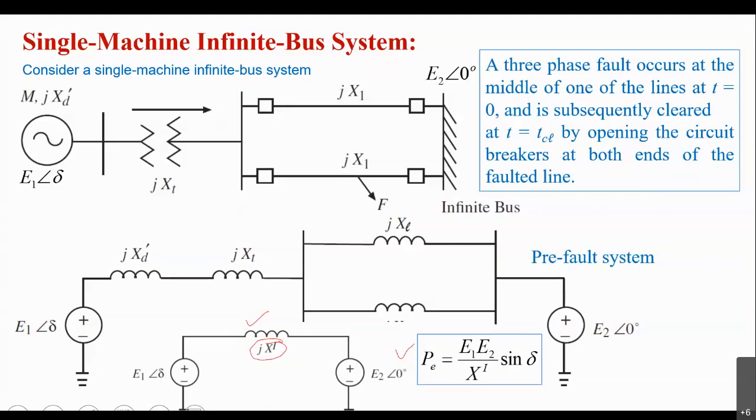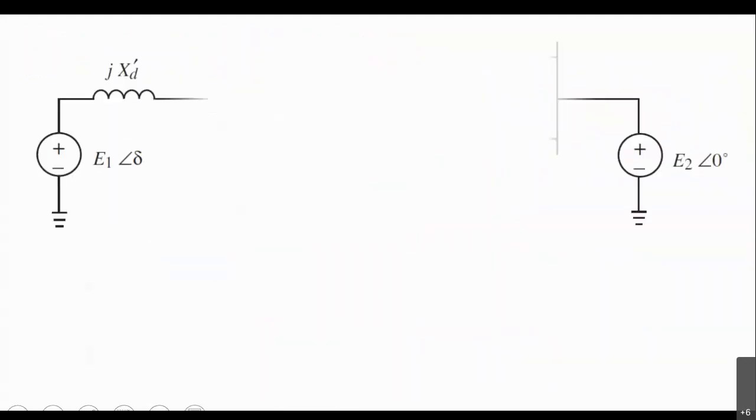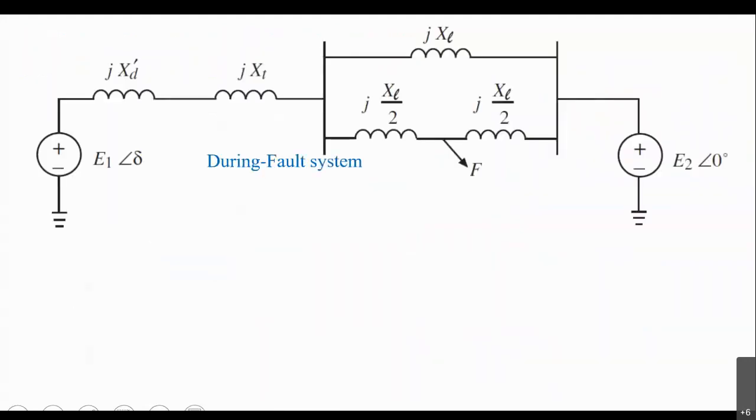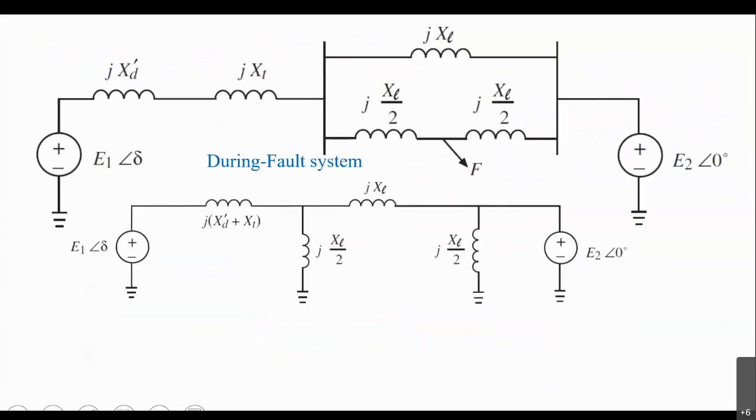Then finally we got this. Then during the fault we got this type of equivalent circuit, and it is possible to find the equivalent reactance very easily just by converting these two star points into delta equivalent and adding those parallel circuits.